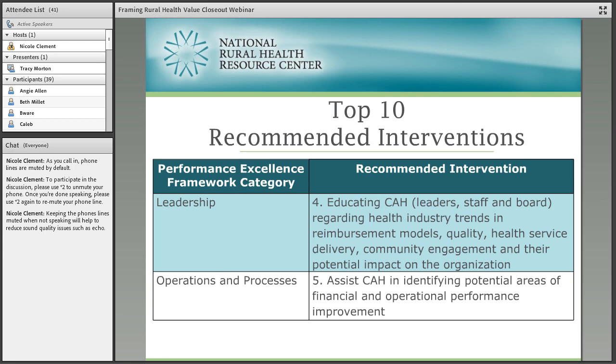So in terms of answering this specific issue around industry trends, it's been through these quarterly critical access hospital meetings with the executives that I've tried to bring in outside speakers to more or less keep them informed about what's happening at the state and federal level.